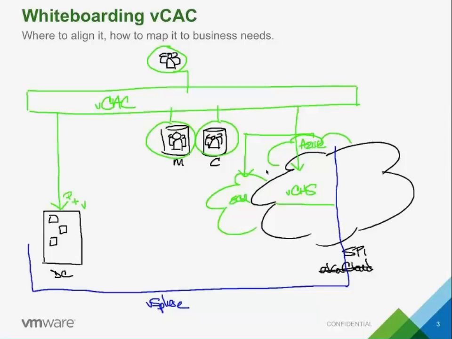So that means, Mr. Customer, that when you've got development staff internally who need access to resources, they're going to be able to leverage vCloud Automation Center to get what they need. If you have corporate executives needing access to resources, they're going to be able to leverage vCloud Automation Center to get what they need as well.